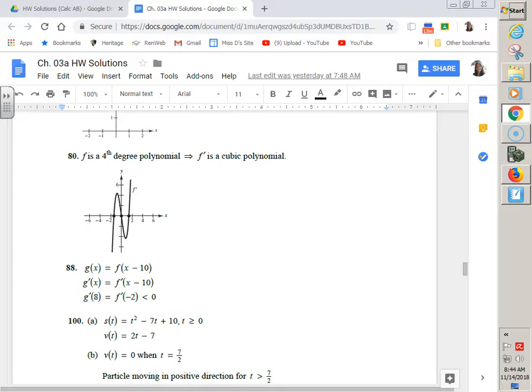Then the function started decreasing again, and then coming back, decreasing slower, and then increasing. And that kind of denotes our quartic polynomial. So decreasing to that relative min, and increasing to that relative max, decreasing to that relative min, increasing after.